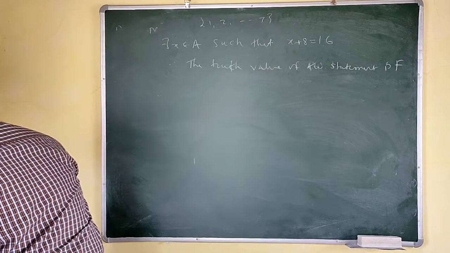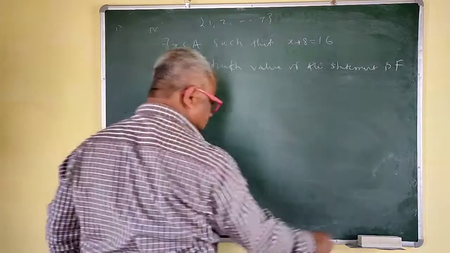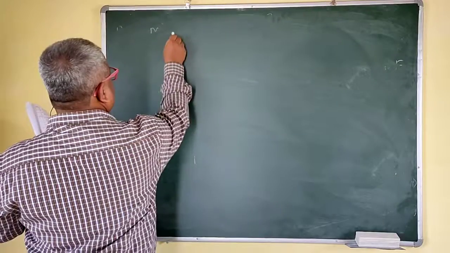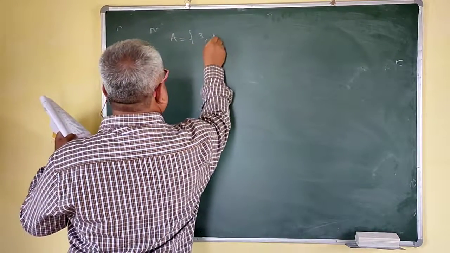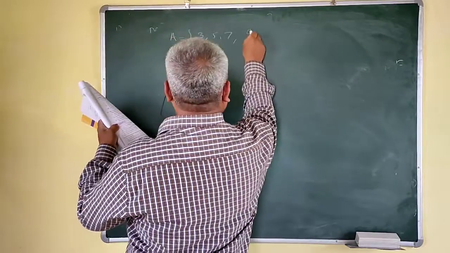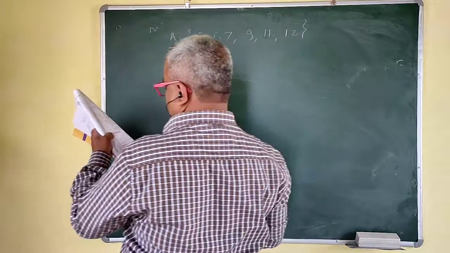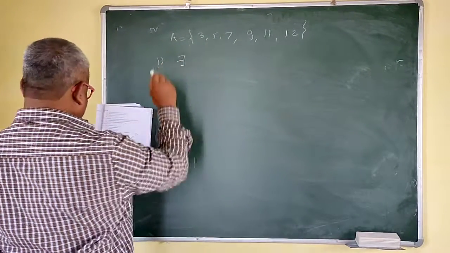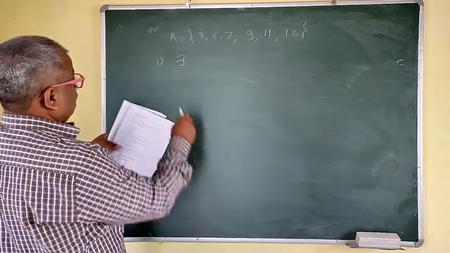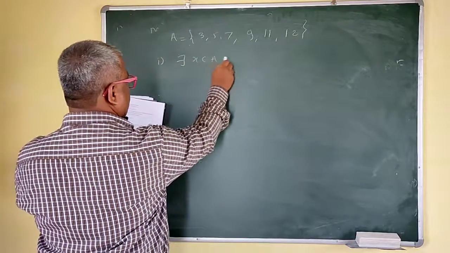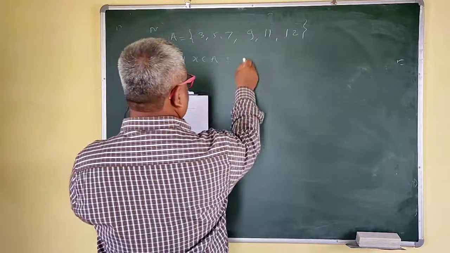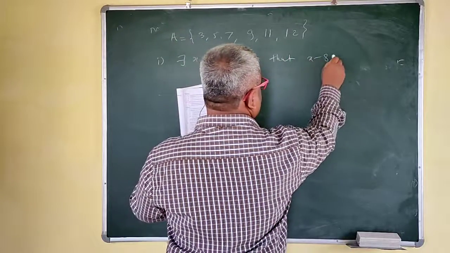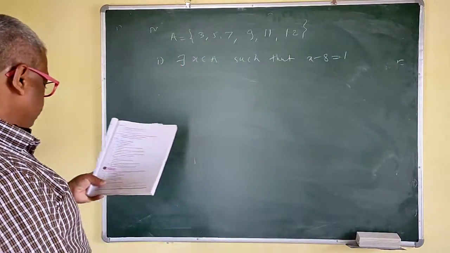Take a number of problems so that the idea will be clear. Now suppose we take the next set. Suppose A is equal to 3, 5, 7, 9, 11, 12. Okay, so we'll take one. You have to check the truth value of this one. There exists x belongs to A such that x minus 8 is equal to 1.